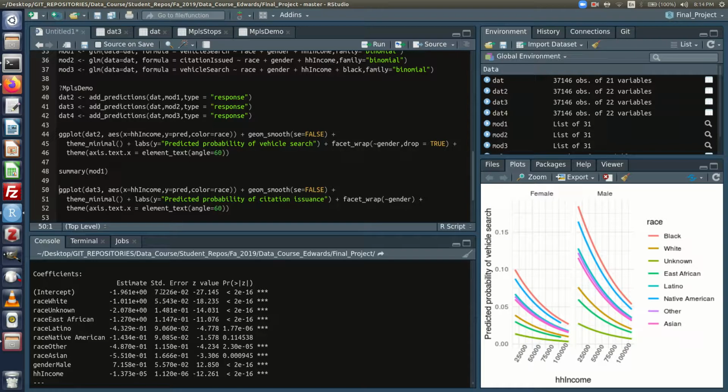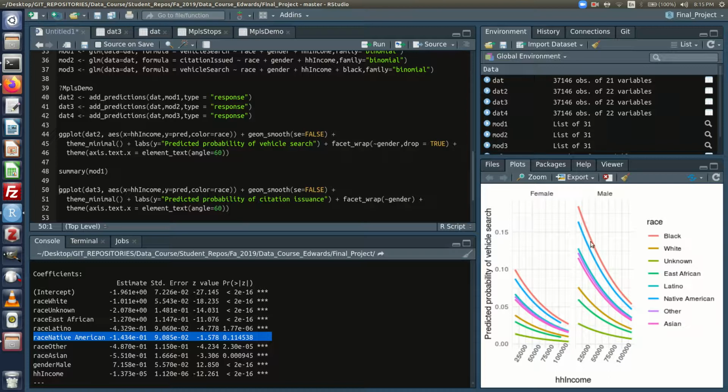Our intercept here, since race was categorical, all these other races are being compared against the black race. So if you are white, you have a smaller estimated probability that is statistically significant. If you're Native American, it's not significantly different from black.